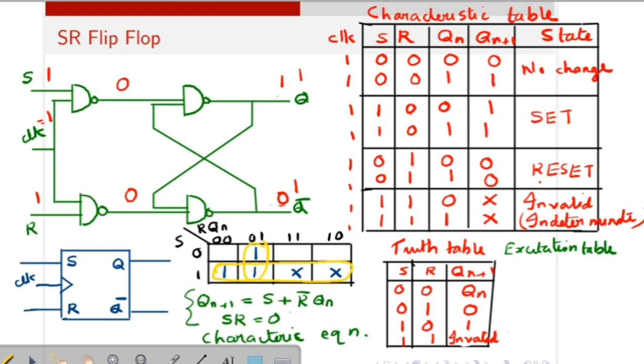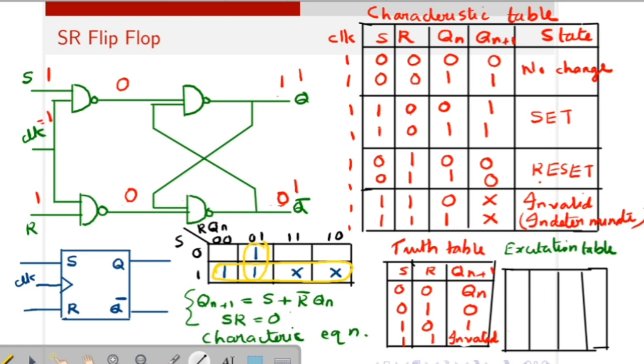Okay. So excitation table has two inputs and two outputs. The inputs are Qn and Qn plus 1 and the outputs are S and R. That means we know the present state and the next state, and we should give the inputs.